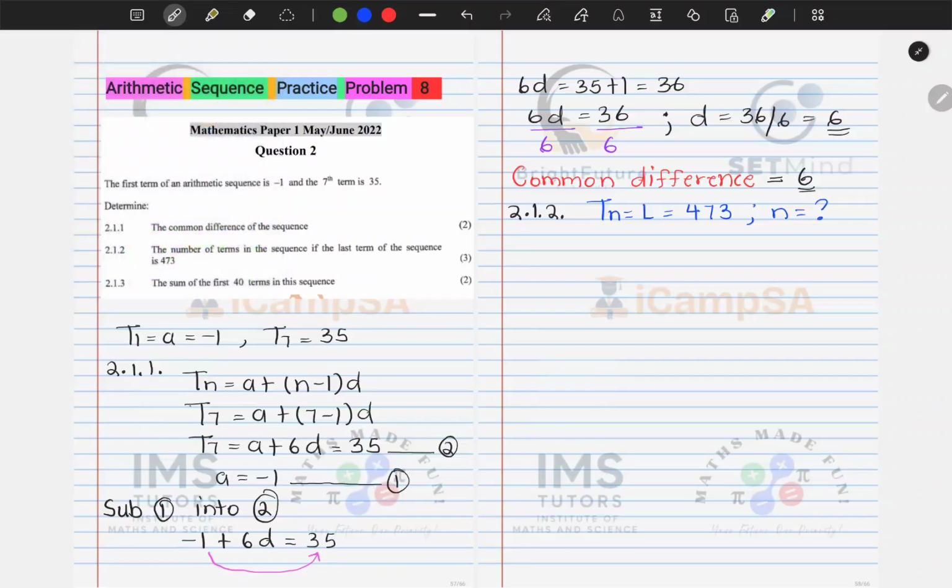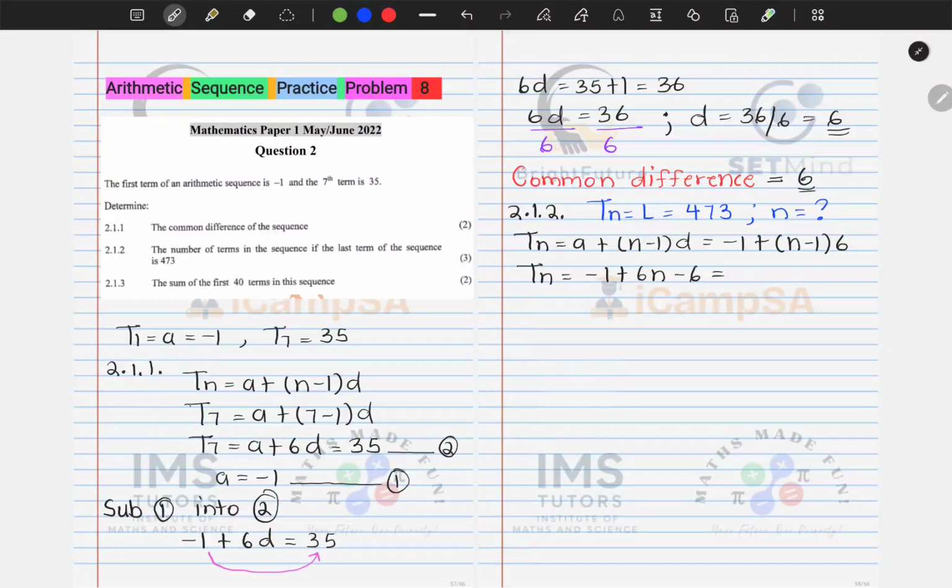So we can go ahead and formulate our general term first. Remember, our general term is given by a plus n minus 1 times d. Our a is -1 as we were given, and then plus n minus 1 times 6. If you observe carefully, our Tn will be -1 plus 6n minus 6.